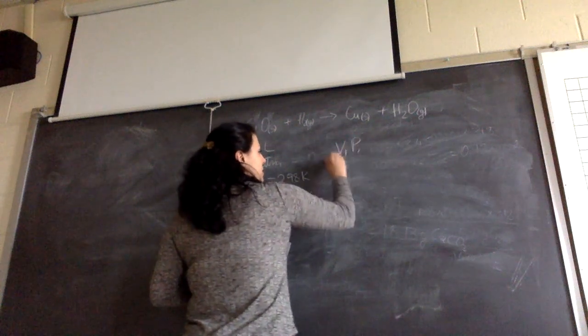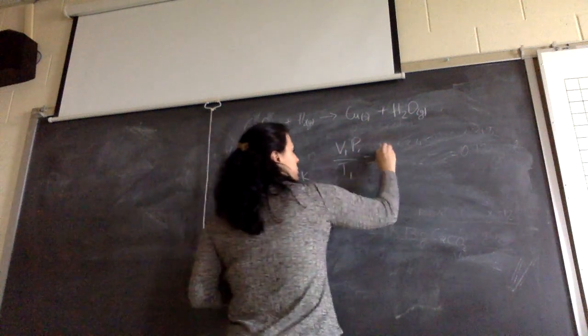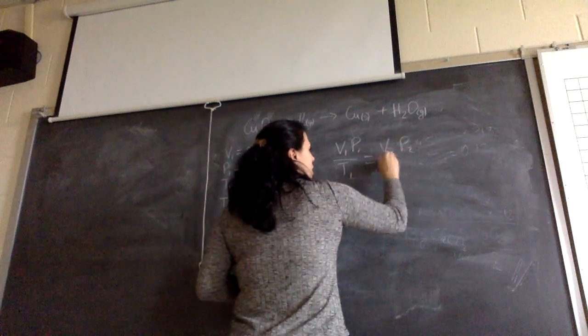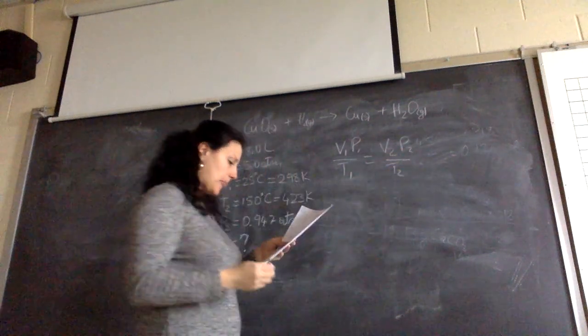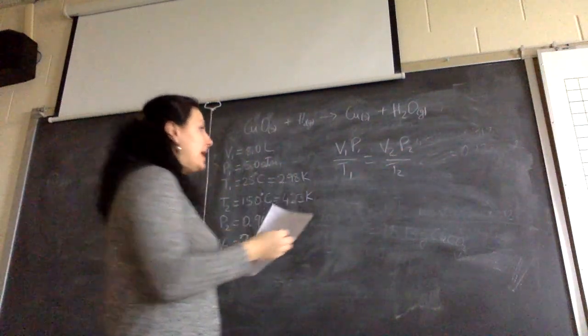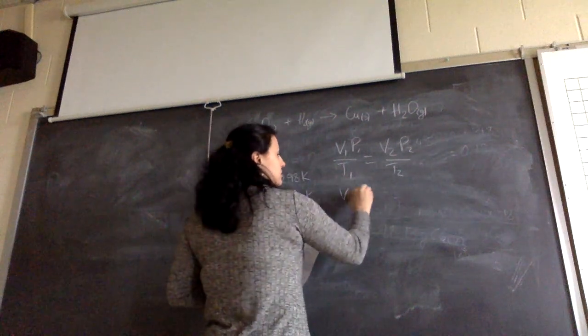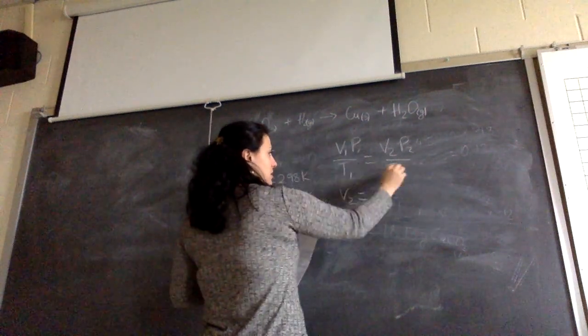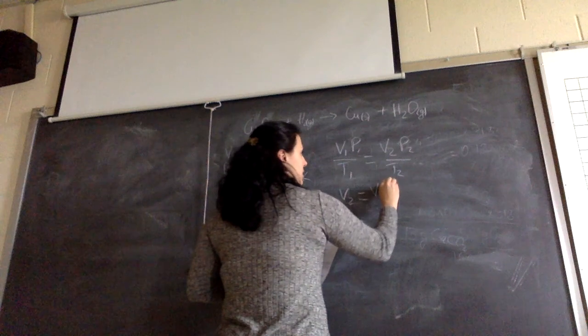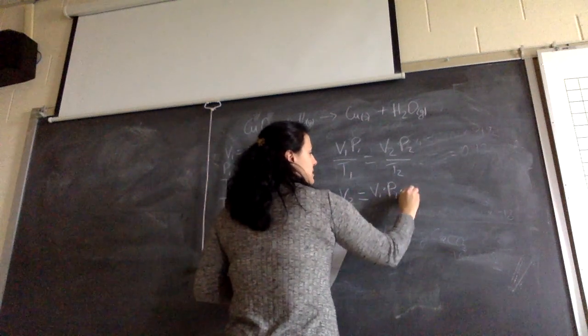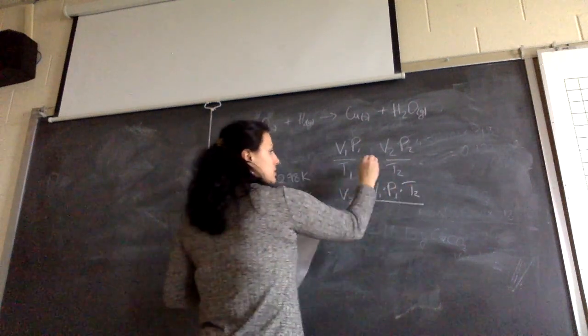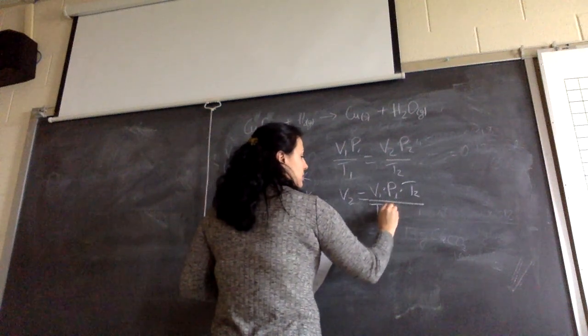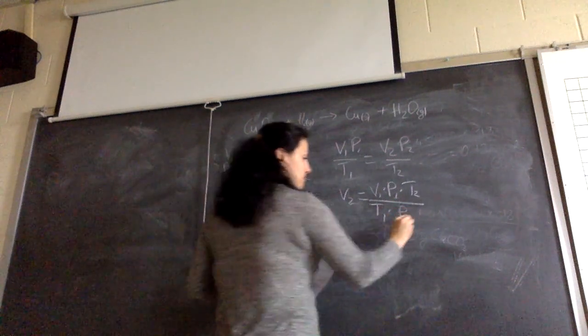V1 P1 over T1 is equal to V2 P2 over T2. To isolate V2, V2 is equal to V1 times P1 times T2 over T1 times P2.